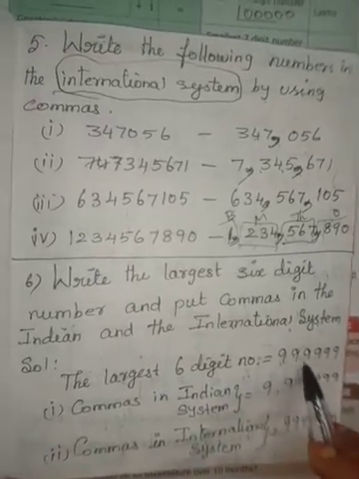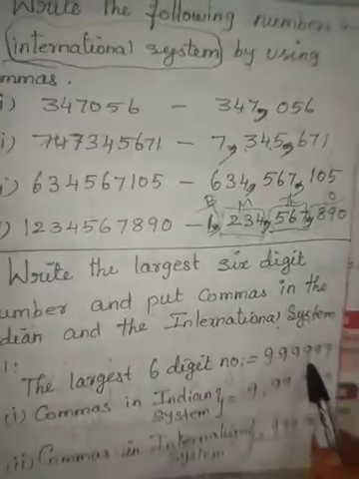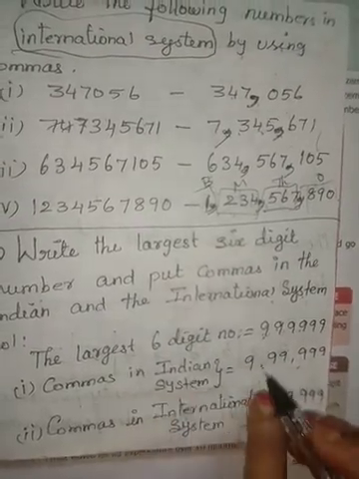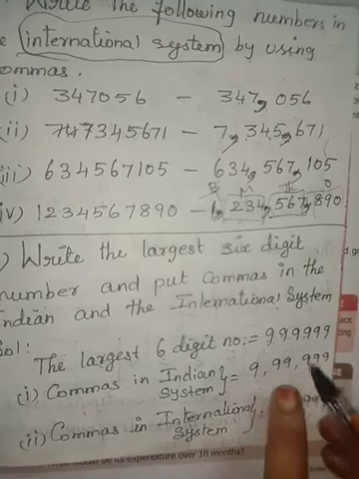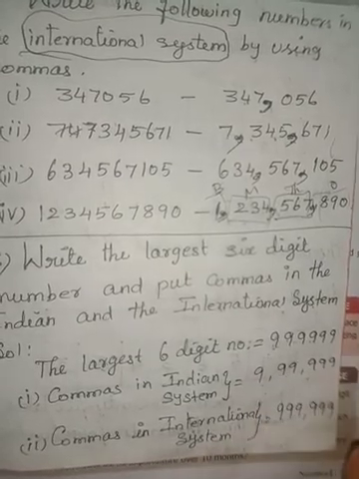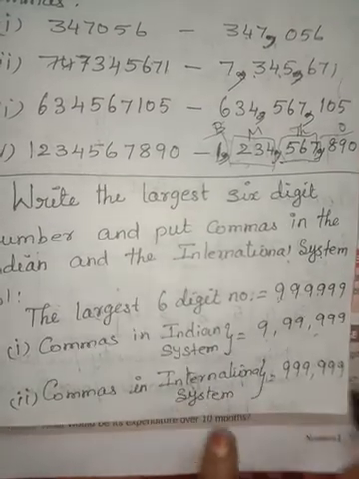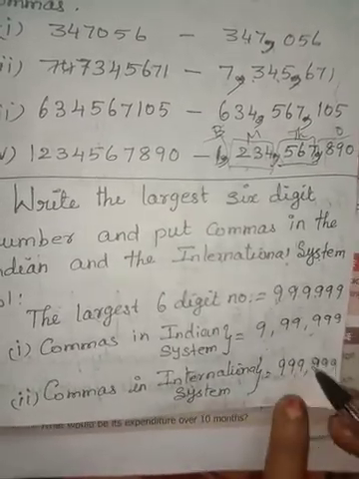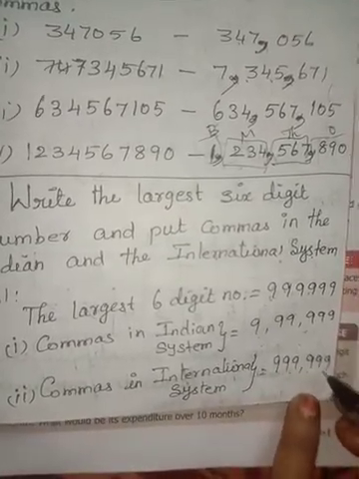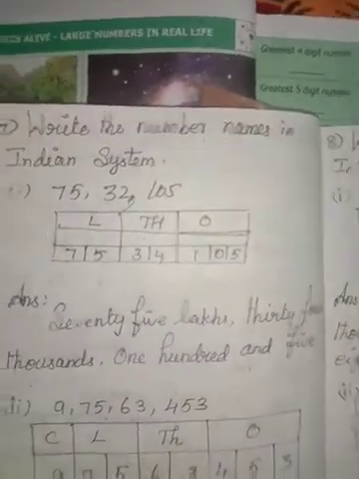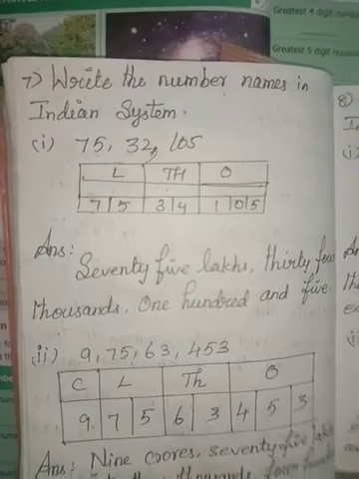In the Indian system we get 9,99,999. The same number in the international system is 999,999.